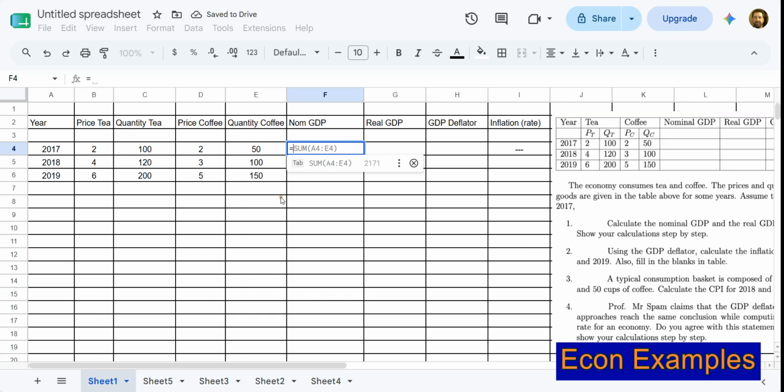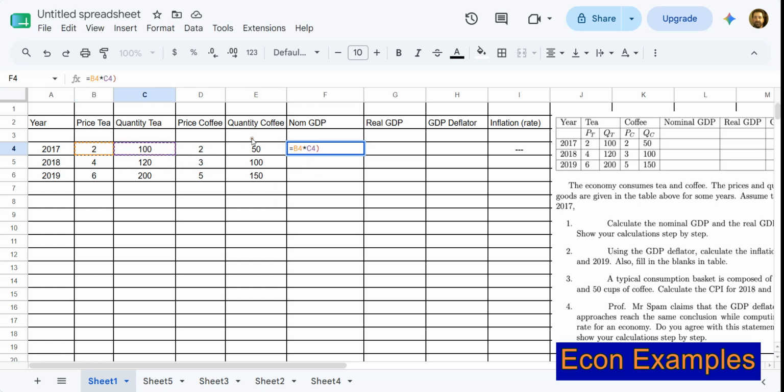So put a formula where you hit equals. Now it thinks it knows what we're doing, but it doesn't. So for 2017, I want the price of T. So I hit equals to start the formula, and then the multiply is that star key on your keyboard. And we're going to multiply it by the quantity of T.